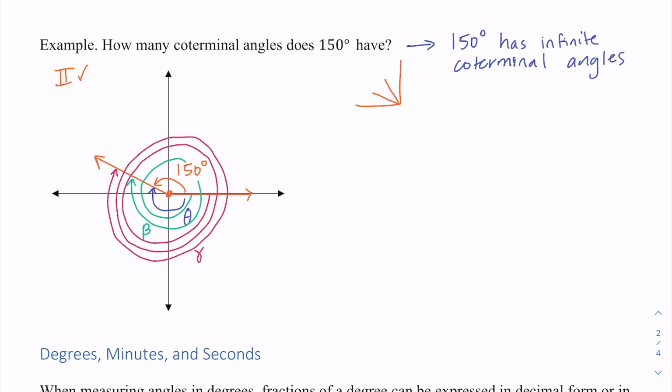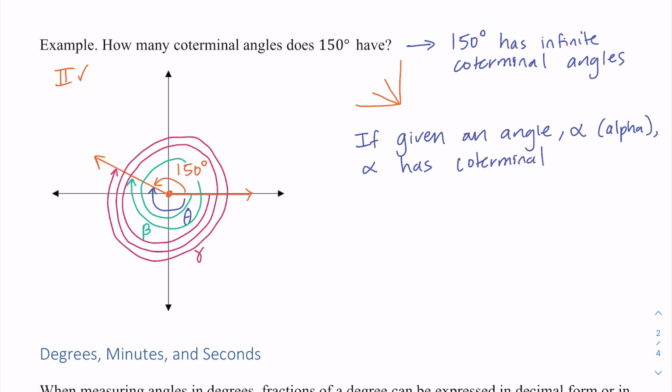Okay, so in general, what can we say? Well, given an angle, let's do alpha just to get used to some more. Angle alpha, so this is its symbol, alpha. Alpha has coterminal angles.